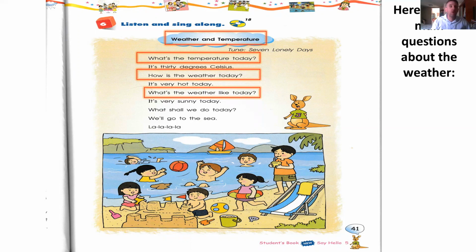If you have a person in front of you and this person asks you, what's the temperature today? How is the weather today? What's the weather like today? You must understand that and be able to answer that. So you can take a look on that.